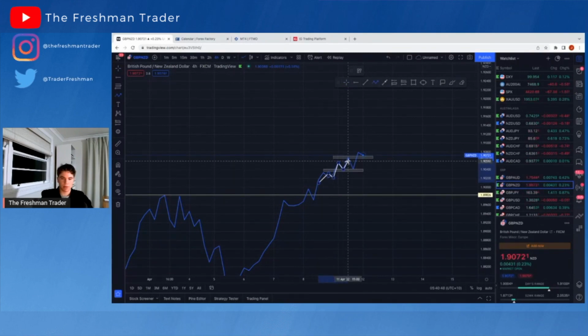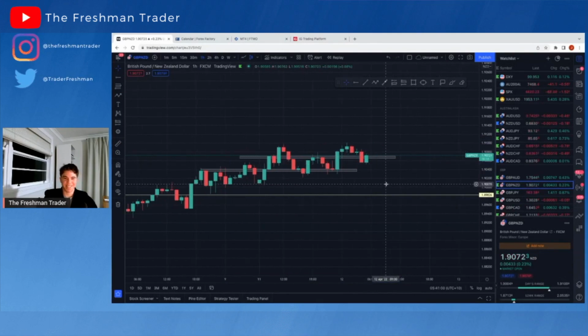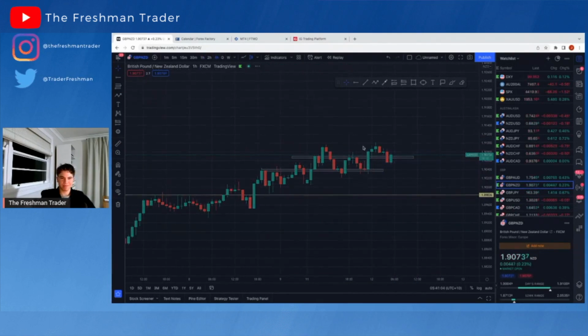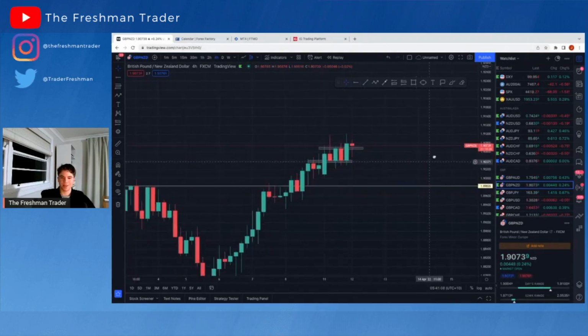We actually create a bit of a double bottom over here. And now we've just pushed up, created a new little higher high. So we'll see if we can push bullish from here. 1H not looking very clean, pardon me, but the structure is still there. So it ain't looking too bad.